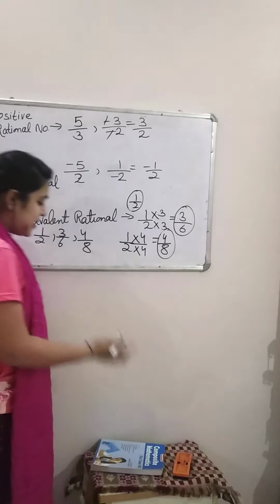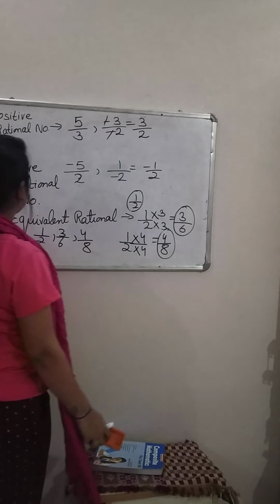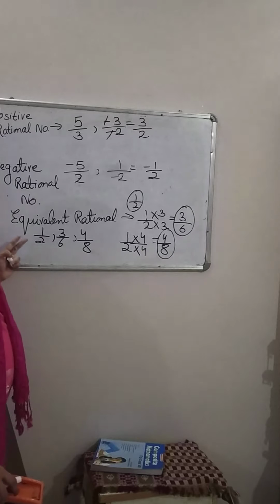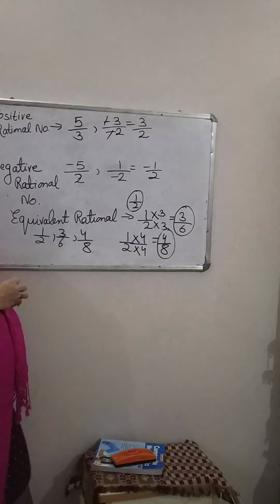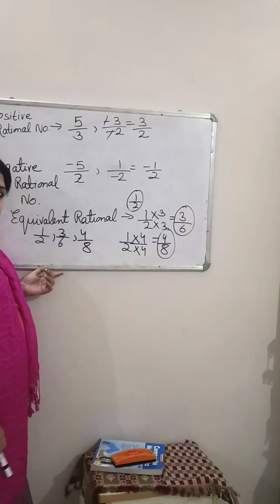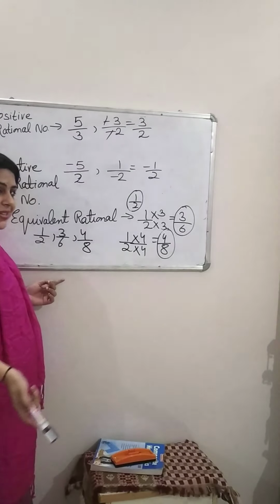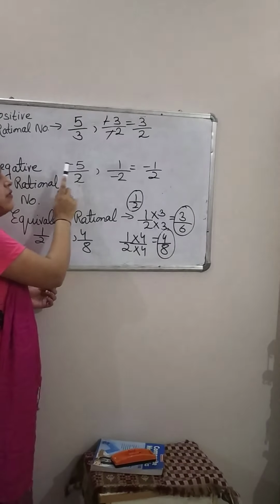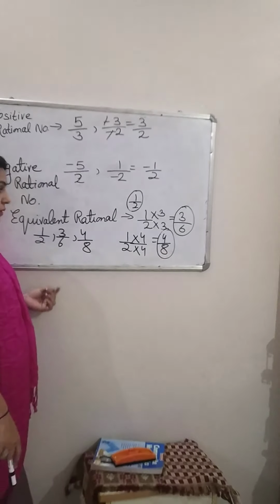Alright, you note down this first: positive rational number, negative rational number, equivalent rational number. Positive are those in which numerator and denominator are both positive, or we can cancel the minus and get a positive. Negative are those in which either the numerator or the denominator is negative.